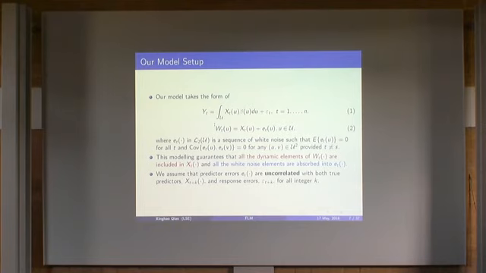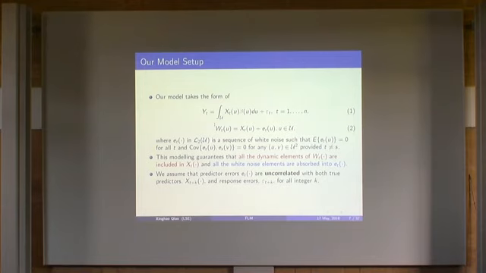So this is the model framework we consider. We don't make any independence assumption on X, but we assume that X and E are uncorrelated. By having this assumption, we can guarantee that all the dynamic elements of W will be incorporated into the true signal components, while all the white noise elements will be absorbed into the error process.